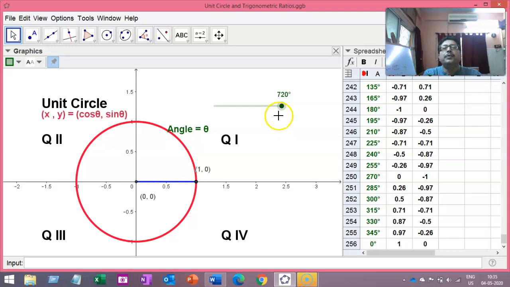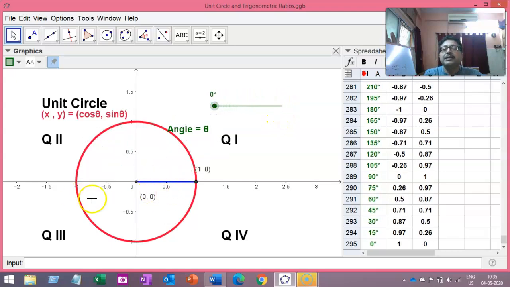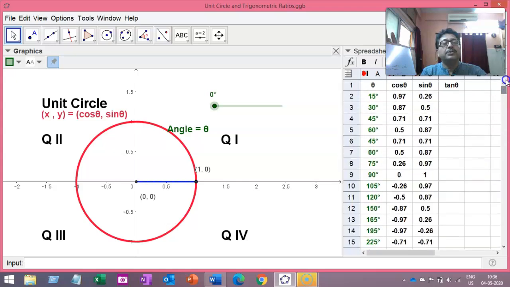Now, when I start rotating the initial line in the anti-clockwise sense, just before that, look at this position. What is the measurement of the angle the slider is showing? That is 0 degrees here. And you know the value of sine 0, cos 0, all those things.